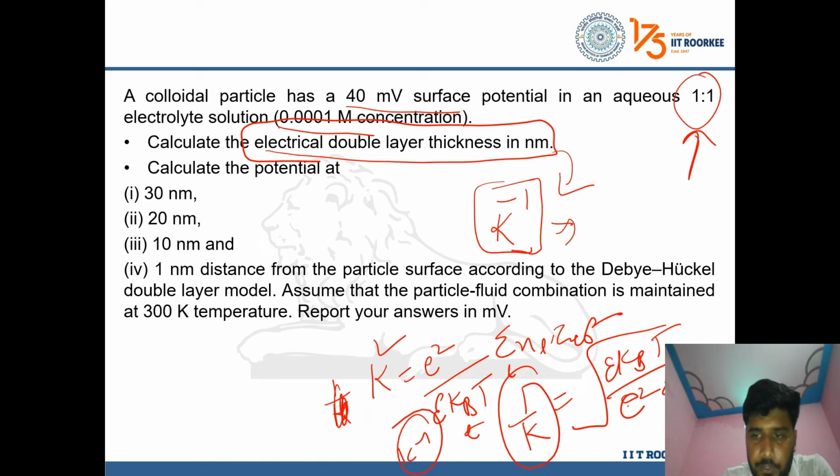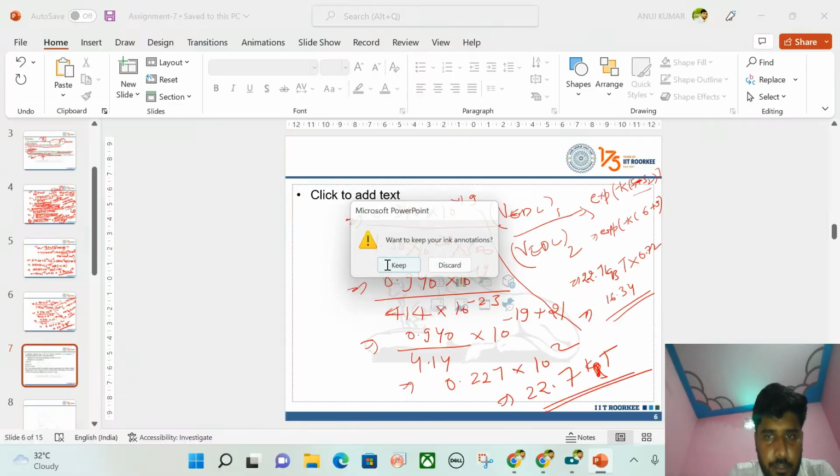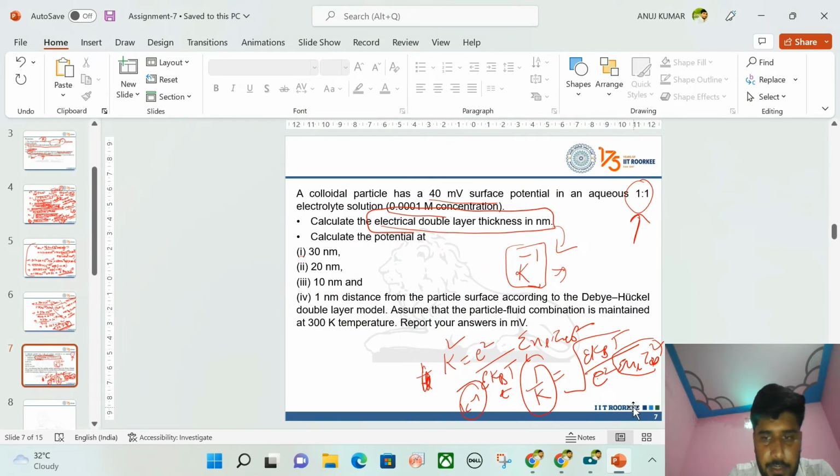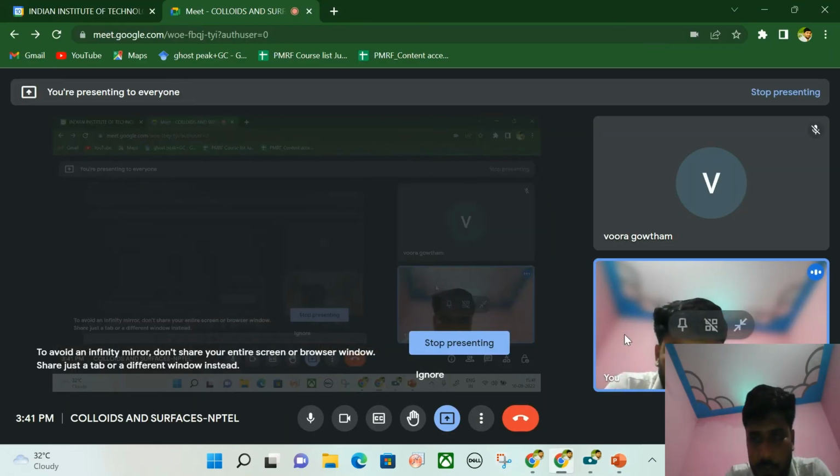But for this term, Z1 and Z2 are 1 and 1. Sorry, Z1 and Z2 both are 1, right? You can just type in the chat box, please. I can read it.